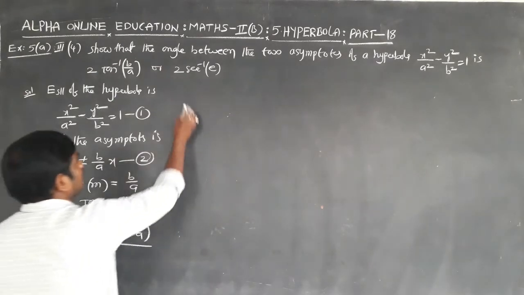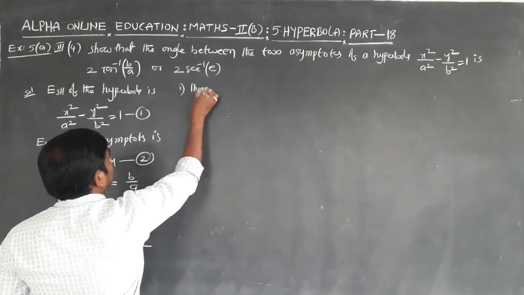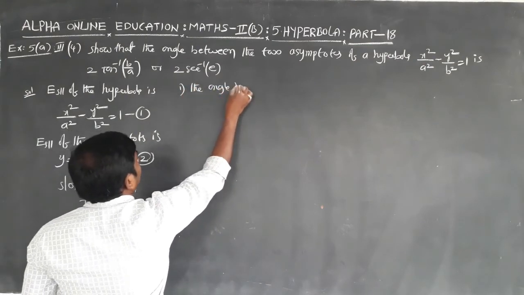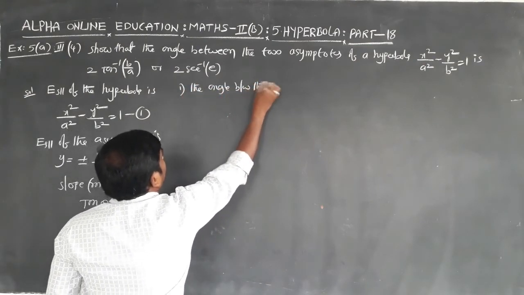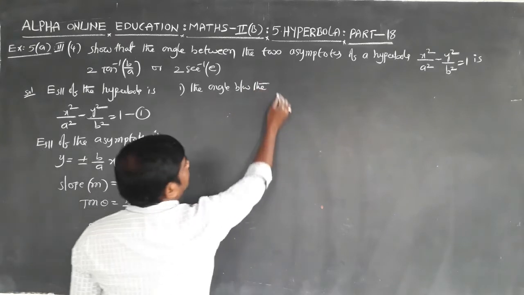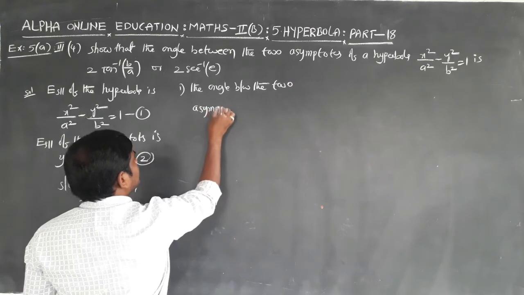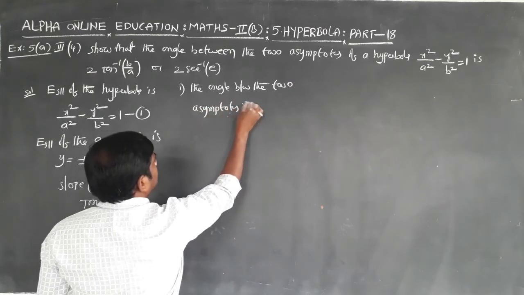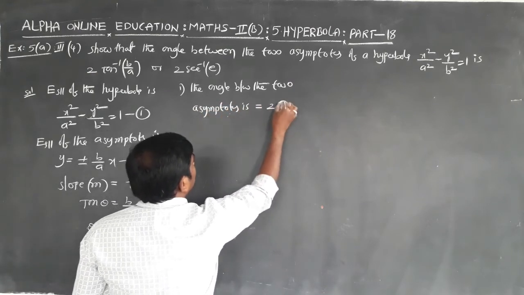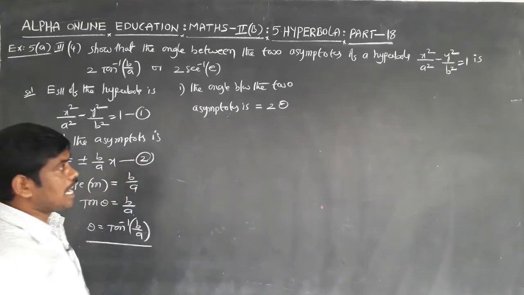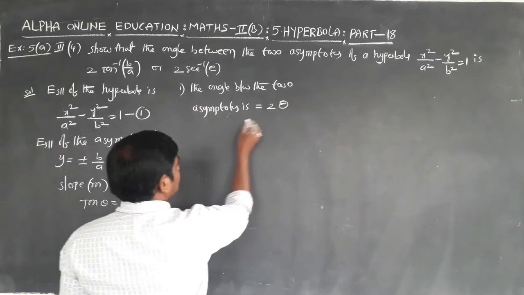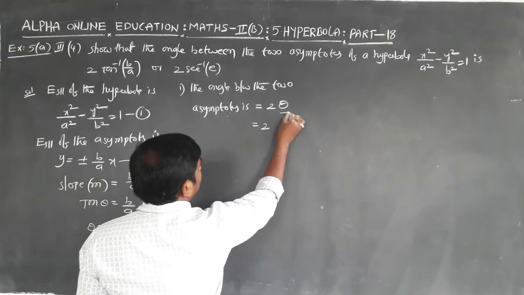The angle between the two asymptotes is 2 theta.